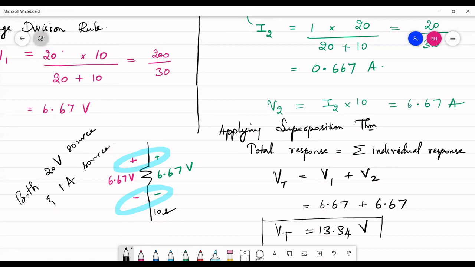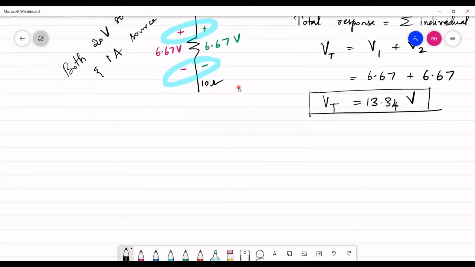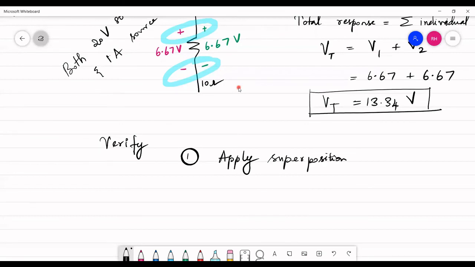If you want to verify, at times the problem statement would be verify superposition theorem. So if you are asked to verify superposition theorem, first you have to apply superposition theorem and find the total response. And later you have to use any of the other theorems or mesh analysis.